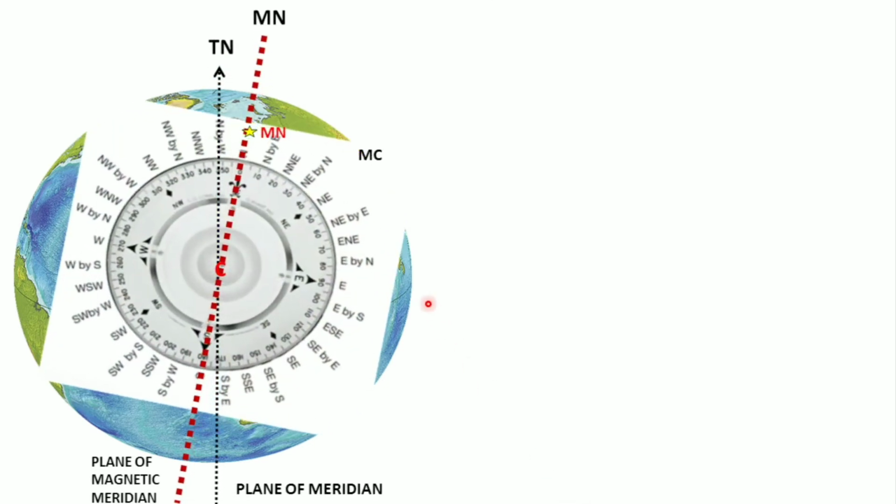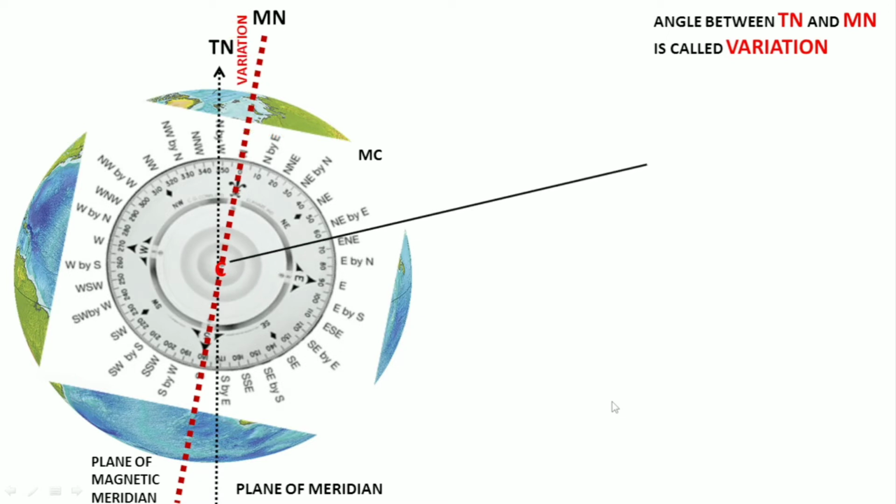Now, the angle between true and magnetic north, we have come to know, is called variation. Now, if this line I have drawn is the course of a ship, being read off the magnetic compass, it is reading something like 065. So our magnetic course would be 065.